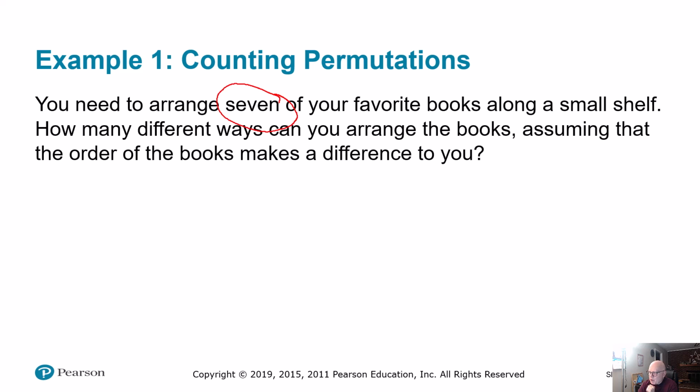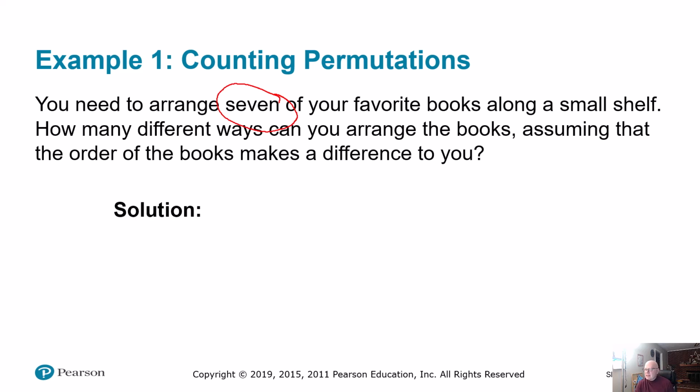For example, maybe you have someone that you know is interested in math, so maybe putting the math book first is important. Or maybe someone is coming that is interested in historical things, so maybe you want the history book to be first, and then another one second, and so on. How many ways can you do that if you have 7 different of your favorite books?